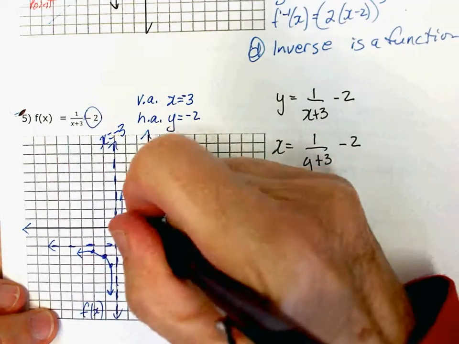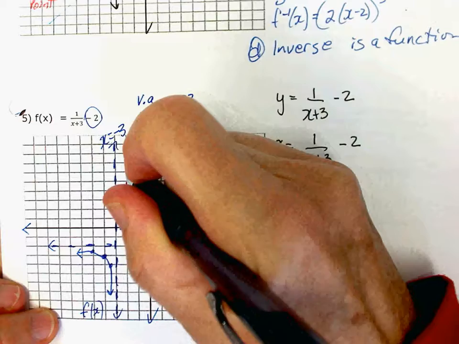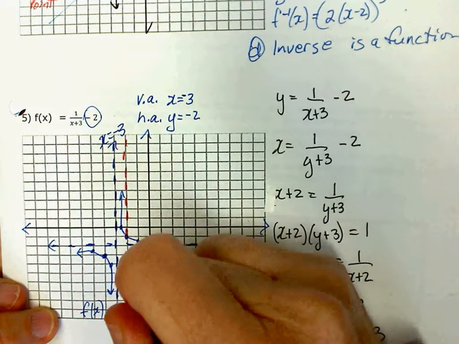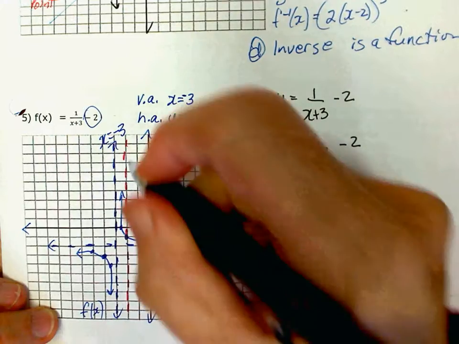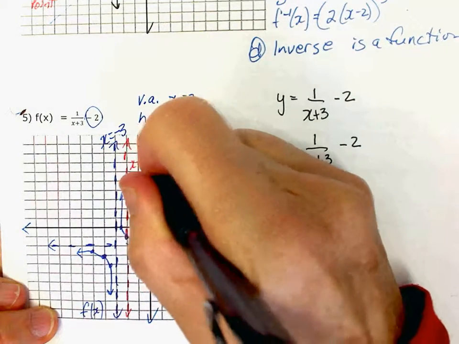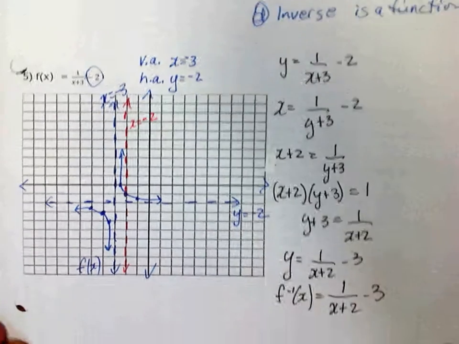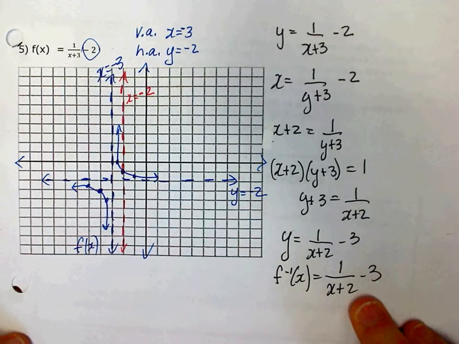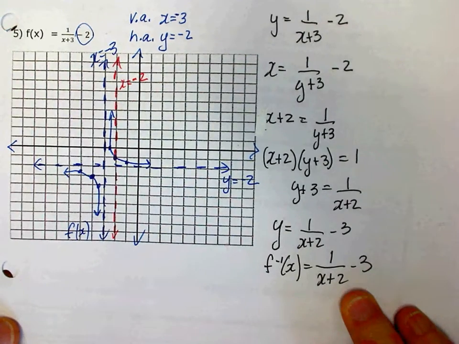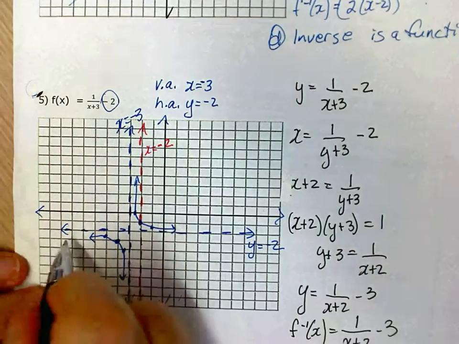I'm going to do it in red now so you can see it. Okay? And what is the horizontal asymptote of the inverse? Y equals minus 3. It's an equation of a line, so you have to say y equals.